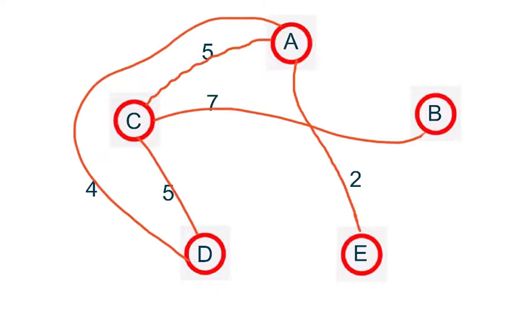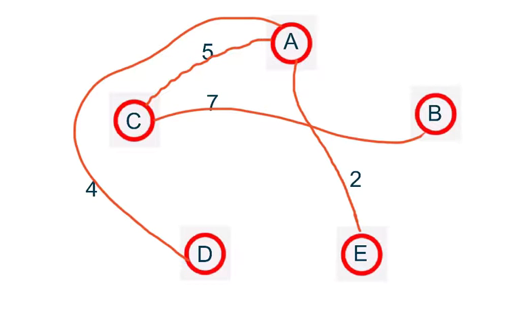And then we need to eliminate the cycle that contains C, A, and D. We have to keep the 7 because that's our only connection to B. So it actually doesn't matter if we take off this 5 or this 5. We'll still get the same answer.